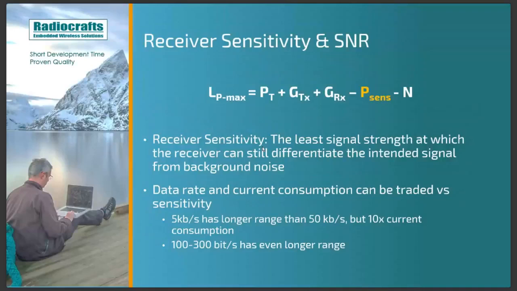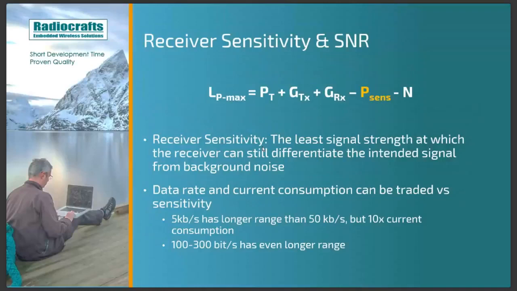I will look at the case study later. We have compared a 5 kilobit radio versus a 50 kilobit radio, and 5 kilobit gives you significantly longer range, but it will typically give you 10 times the current consumption as well, because your transmission will take 10 times longer.